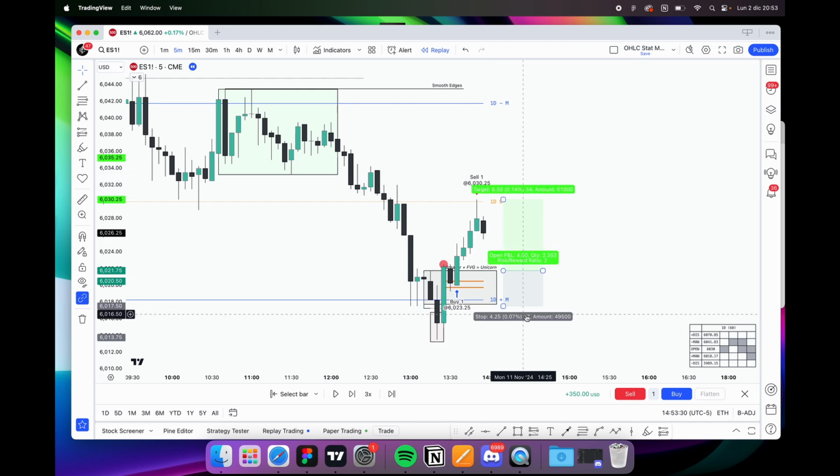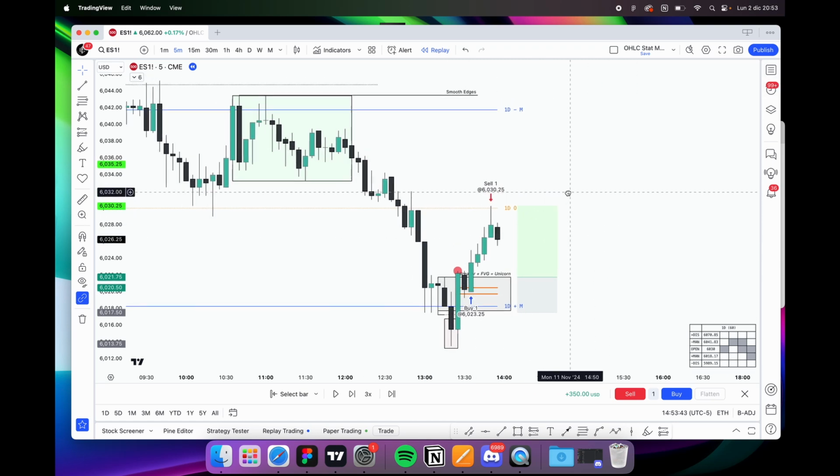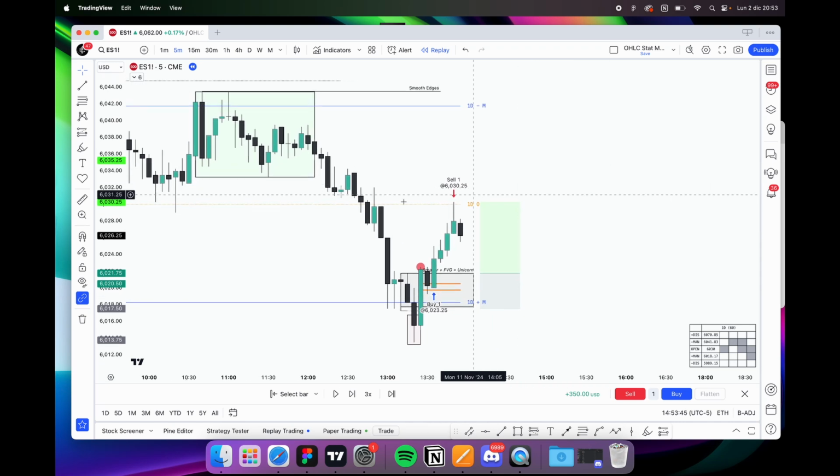But yeah, if we wanted to wait for an M5 and just play a nice breaker, we basically didn't trade that one, and that's it. So yeah, that's the second example, and as you can see, it looks actually the same as the previous example.